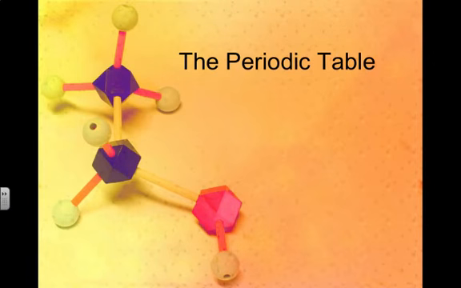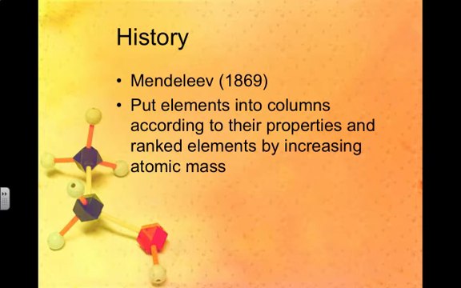Alright, so we're just going to do a brief introduction about the periodic table. A lot of people were working on putting the elements in some sort of a table and putting them in some sort of order, and then hopefully they could see patterns.